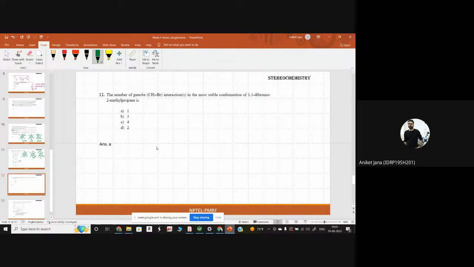So now tell me, this is similar to the previous one. The number of gauche CH3 interactions in the most stable conformer of 1,1-dibromo-2-methylpropane.